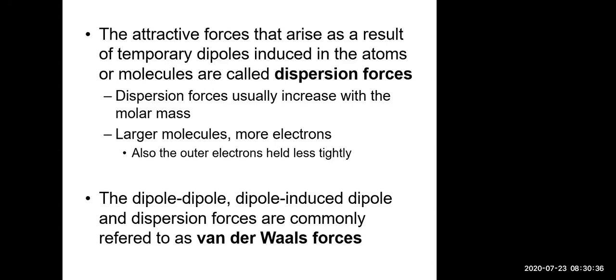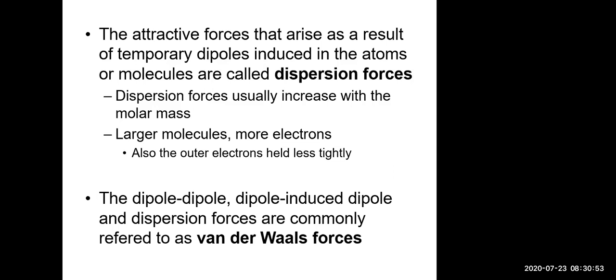So these attractive forces arise from these temporary dipoles, which are known as dispersion forces. And as I mentioned, they do increase with molar mass. So sometimes you may be asked, between these two nonpolar molecules, which one would you expect to have the higher boiling point?